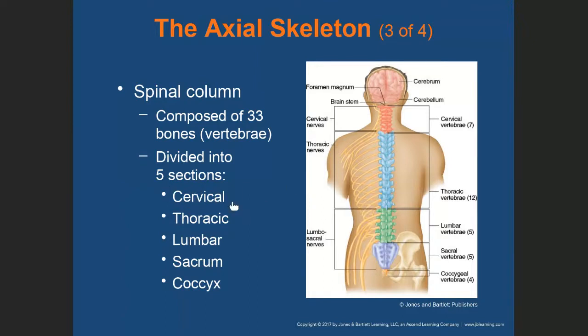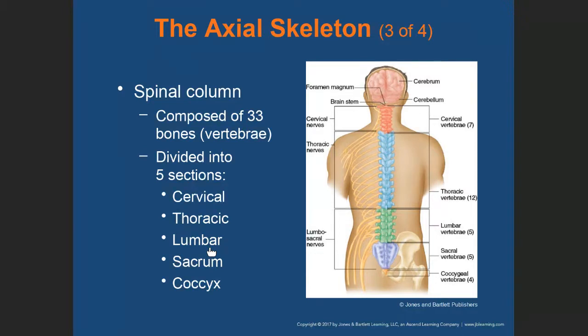So there are 7 cervical vertebrae, 12 thoracic, 5 lumbar vertebrae, 5 sacral, or sacrum, because it's fused, and 4 coccygeal, which are fused, which forms the coccyx.